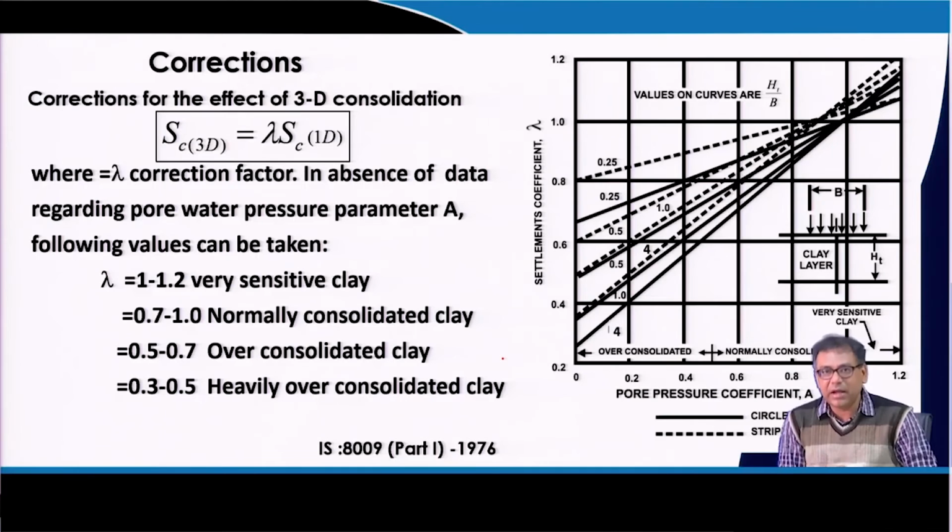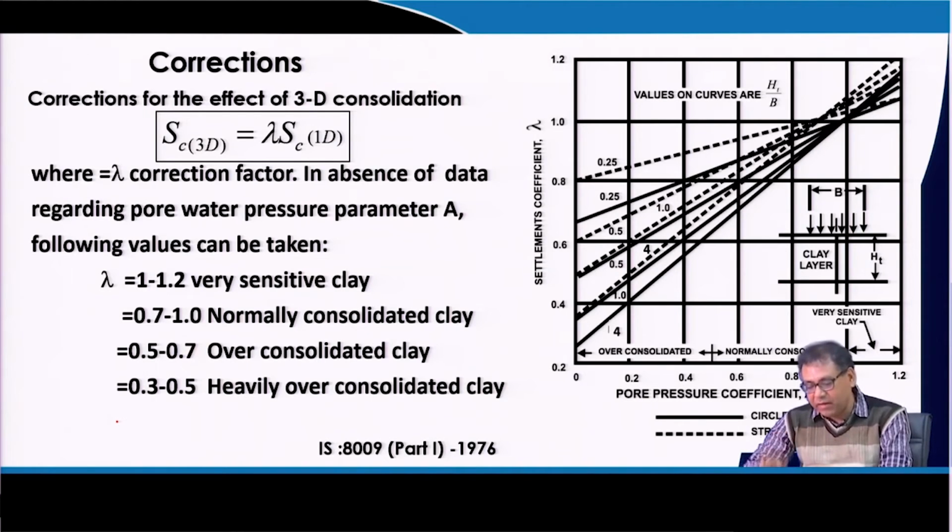But sometimes these A values are not available. If you do not have the A value, then you can use these ranges to get the lambda value. For very sensitive clay, it is 1 to 1.5, normally consolidated clay 0.7 to 1, over consolidated clay 0.5 to 0.75, and heavily over consolidated clay 0.3 to 0.5.